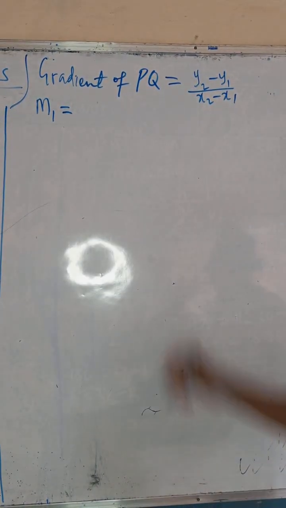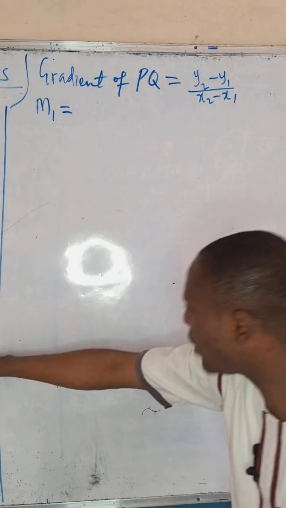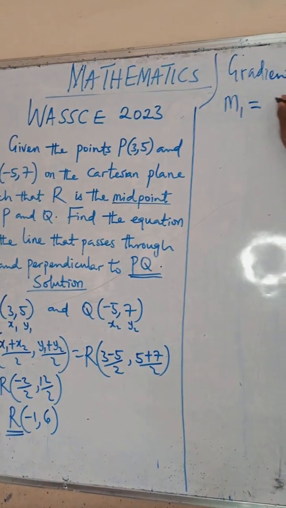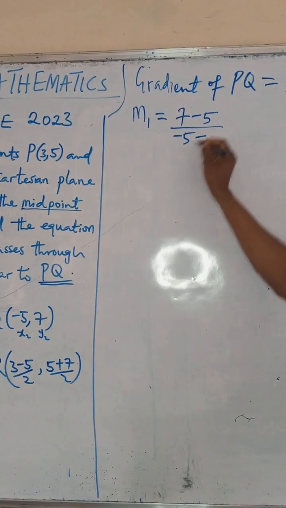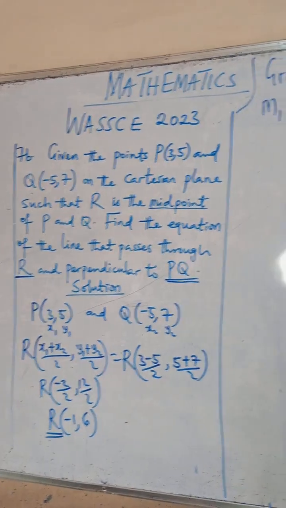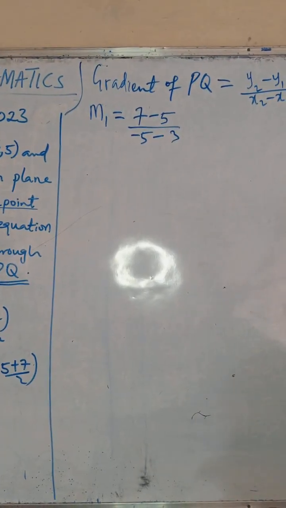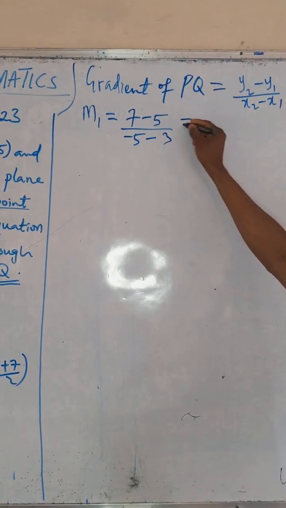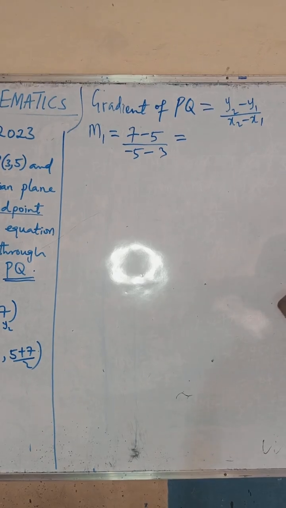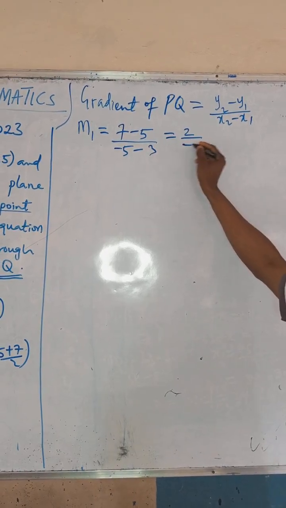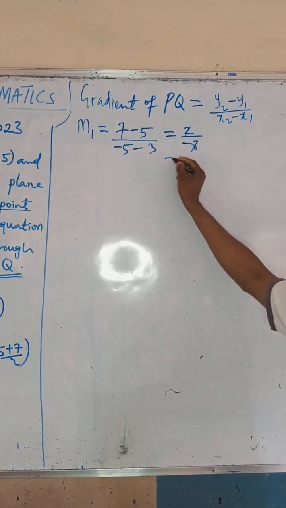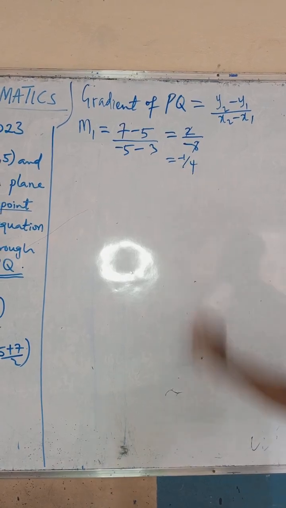So that is 7 minus 5, divided by minus 5 minus 3. 7 minus 5 gives 2, divided by minus 5 minus 3, that's minus 8. Simplifying, we have minus 1 over 4.